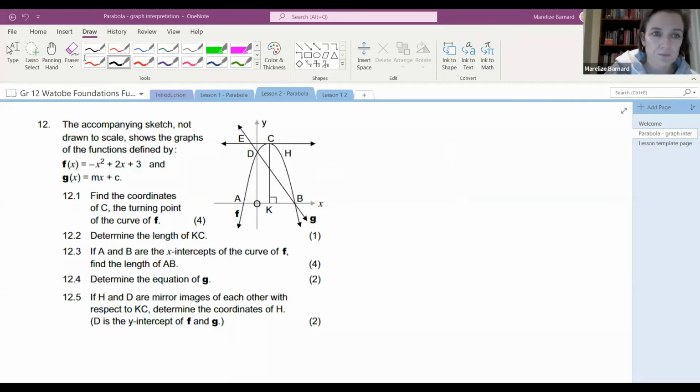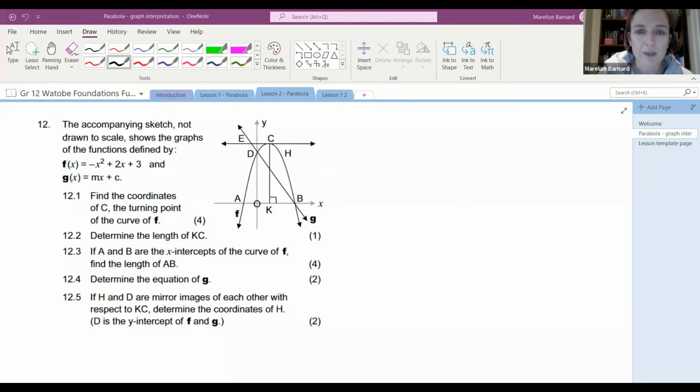So, let's start with the x. Okay, Leako, when we calculate the turning point, y is not necessarily equal to 0. y is equal to 0 when we do x-intercepts.